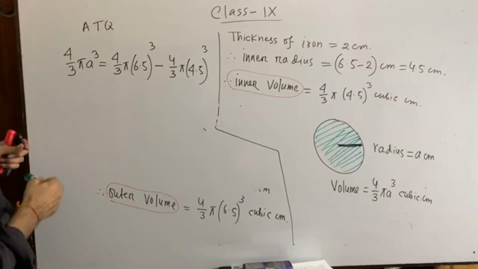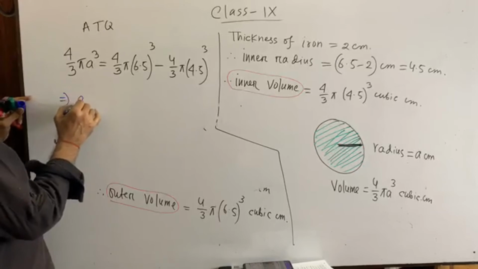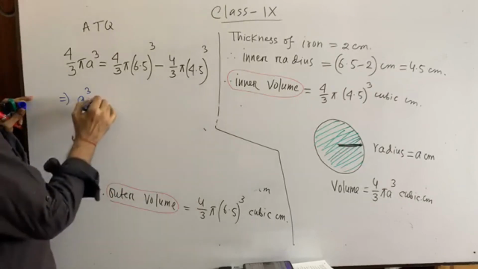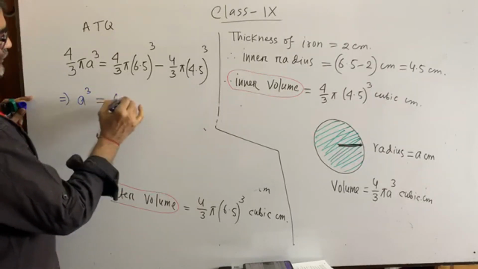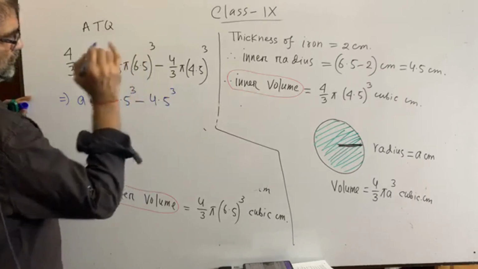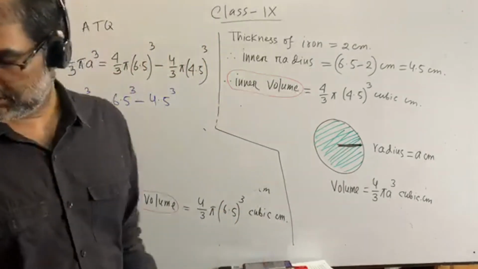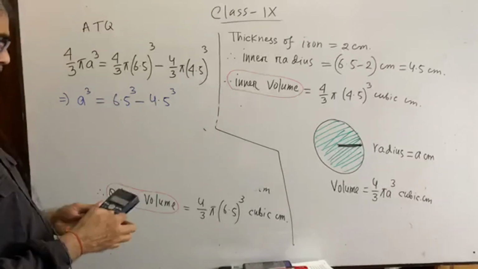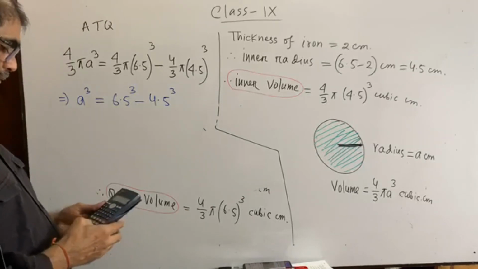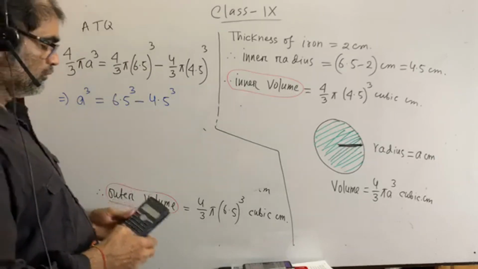Now you see, we can write here a cube is equal to, like the previous math, 4 by 3 pi will be cancelled. So a cube equals 6.5 cube minus 4.5 whole cube, right? Now use the calculator to determine 6.5 cube minus 4.5 cube. It is equal to 183.5.